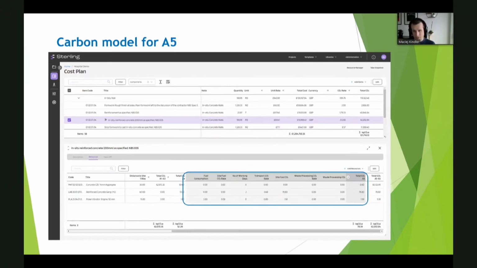And the last but not least is the operational carbon, which accounts for all the plant and labor and wastage coming from materials. In this case, you need to account for the numbers of travels for all the people to site. You need to provide it with a budget. And you also need to calculate the energy consumption, fuel consumption for specific types of plants and add it to the calculation.